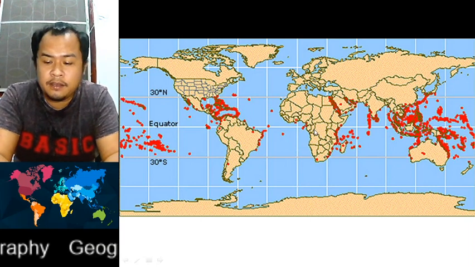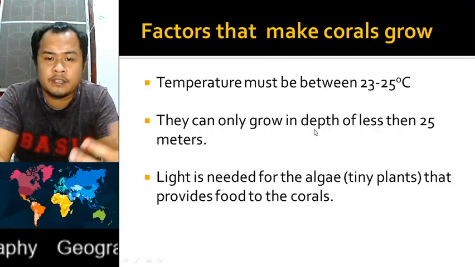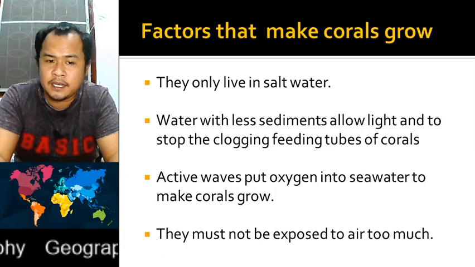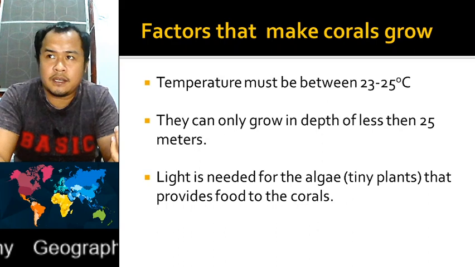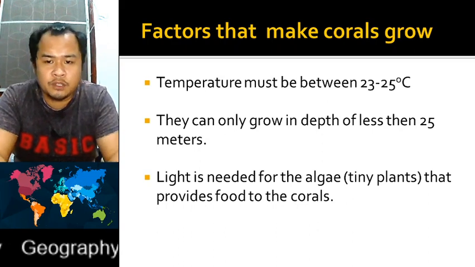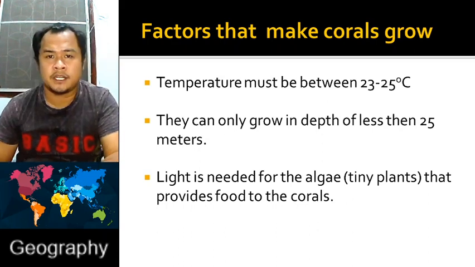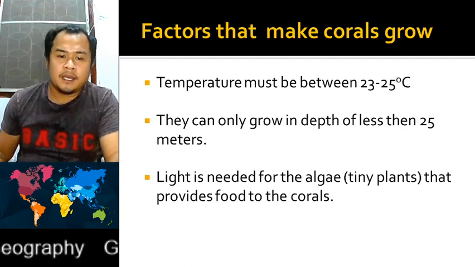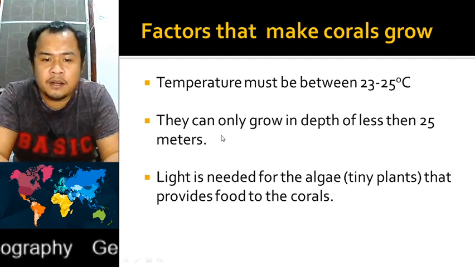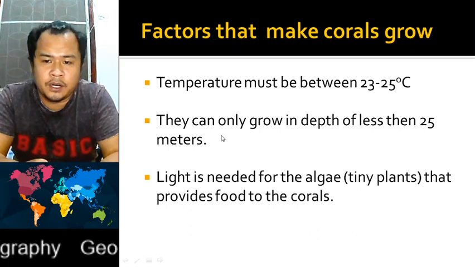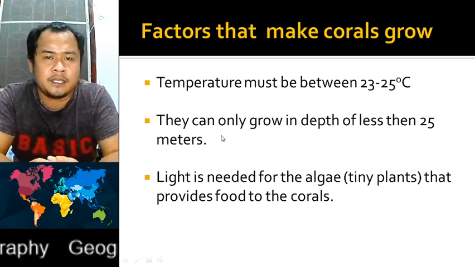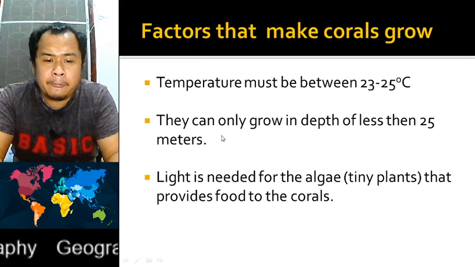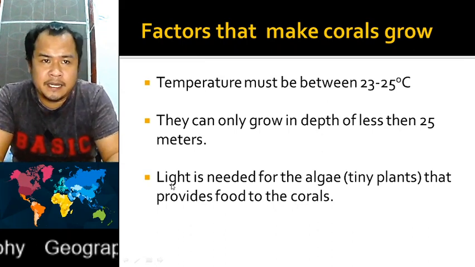Okay, if you go towards the freezing areas like the Antarctic or the Arctic oceans, you will not be able to see any corals because it's not a good place for them because of temperature. And they can only grow in depths of water of less than 25 meters. Why? Because light is needed.